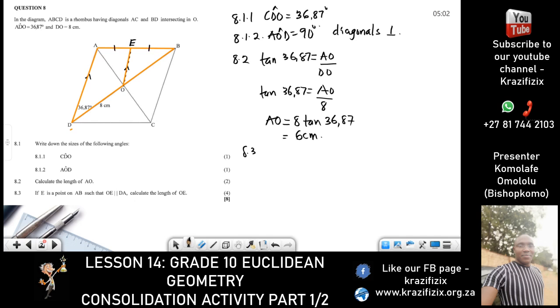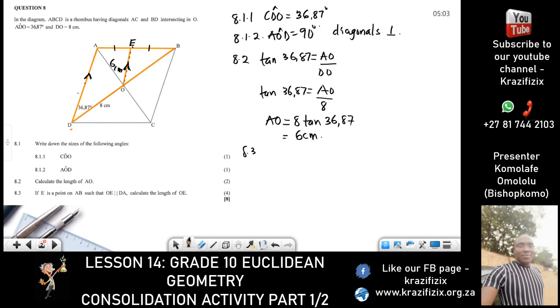This and this are equal because E is the midpoint, and I am actually seeing a midpoint theorem. So for us to get OE, OE will be half of AD. Can we then get AD? Do we have AO? Yes, we have AO as 6. So if I get AD, then AD would be double OE based on our midpoint theorem.